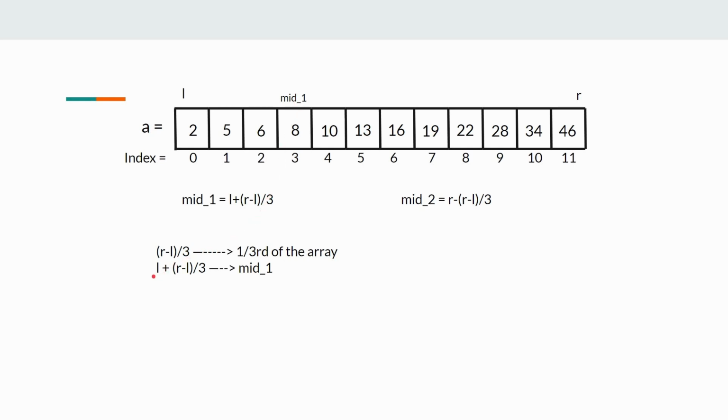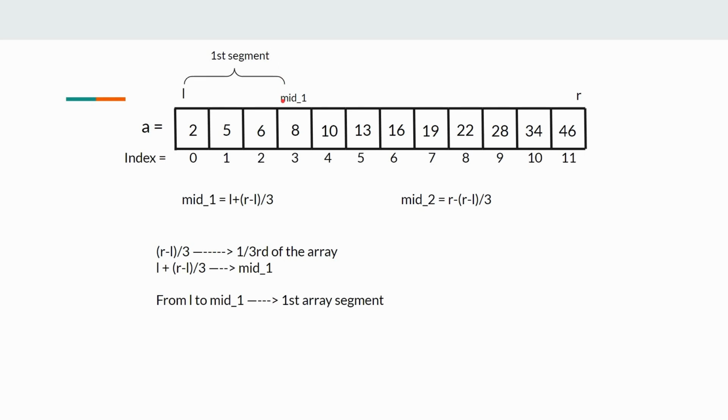So from L, we add (R minus L) divided by 3, and that is our mid1. That means from L, which is 0, to mid1, we get the first segment of the total three segments of this array.